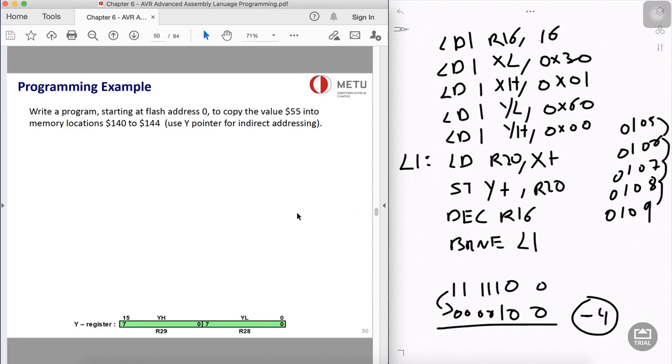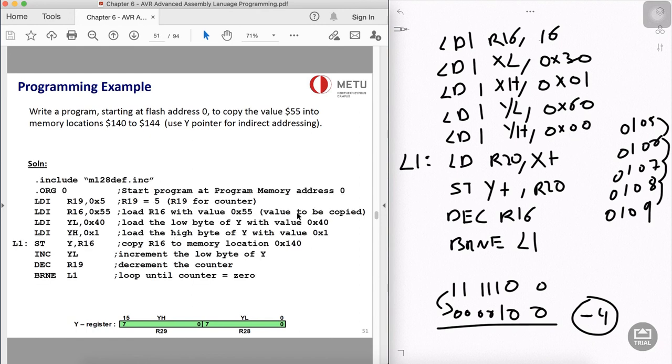So we already did this in the beginning of this lecture, where we showed indirect and direct addressing differences. So I'm not going to do that again. You can check the code over here. So the counter is defined. It uses indirect addressing with the increment and the loop. So we define 55. We point out the addresses that we want to use. And then we decrement, increment, and decrement.